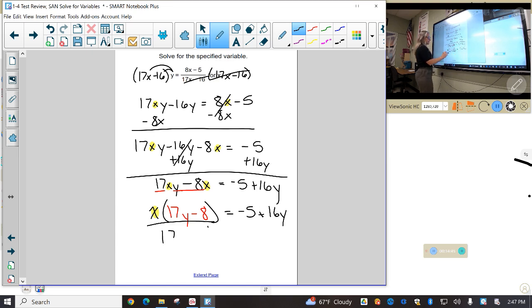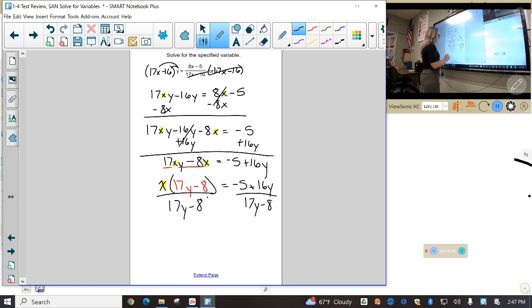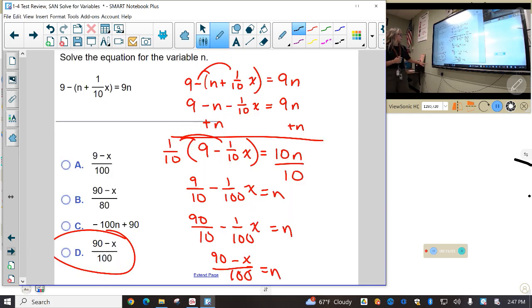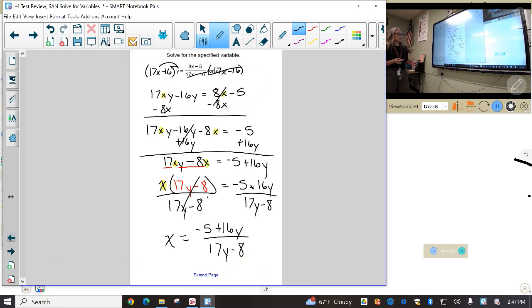And now divide by 17y minus 8. Cancels, so I have x equals negative 5 plus 16y over 17y minus 8. And that's it.